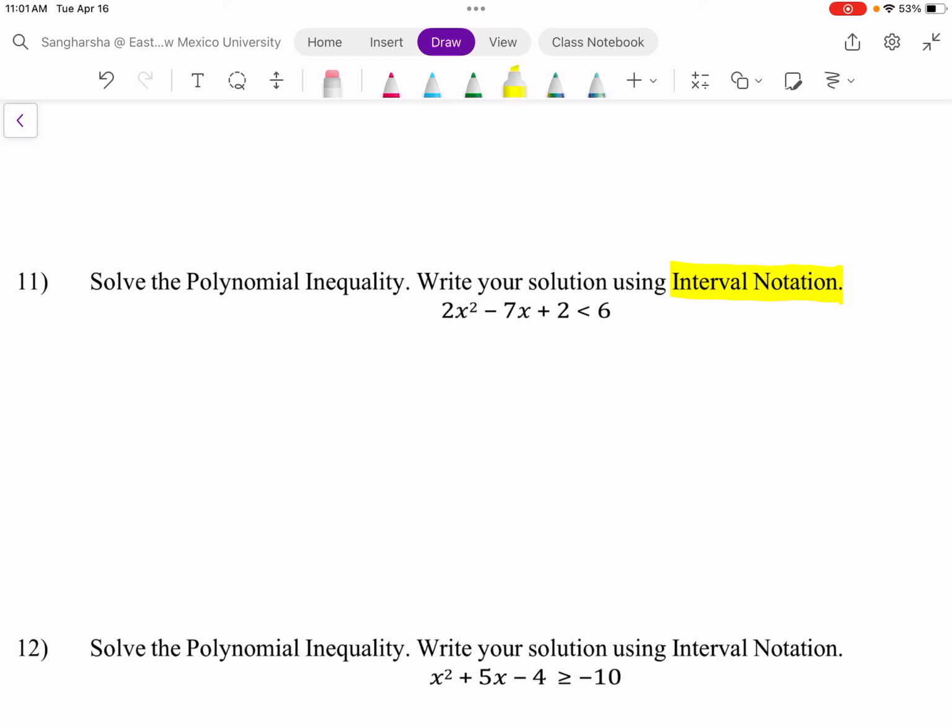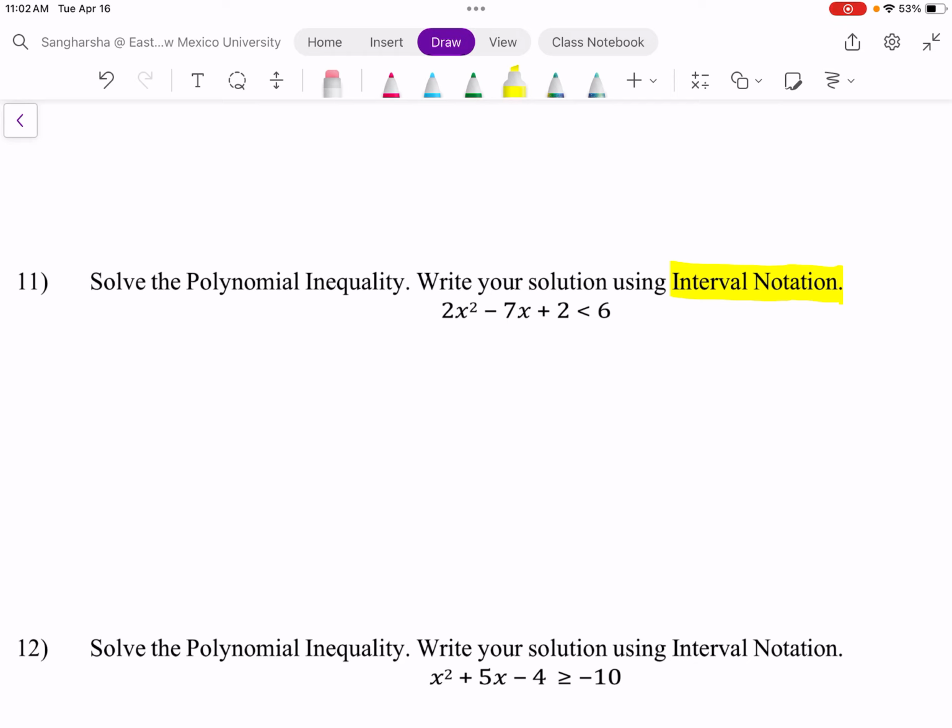So this is the polynomial inequality, and what is the very first step of solving a polynomial inequality? We make one side of this inequality equal to 0. Now, you can just pick your side, left side or right side, it doesn't matter.